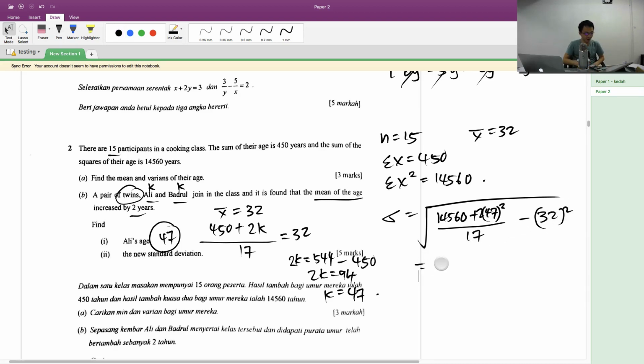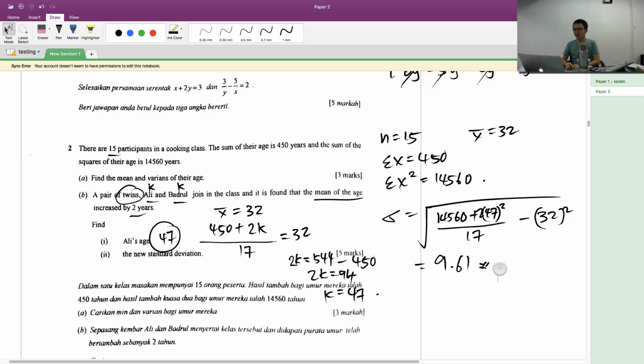This is just the formula. So 14560 plus 2 times 47 squared, then divided by 17 minus 32 squared. Then I will square root my answer. So I should get 9.61. This is my new standard deviation.